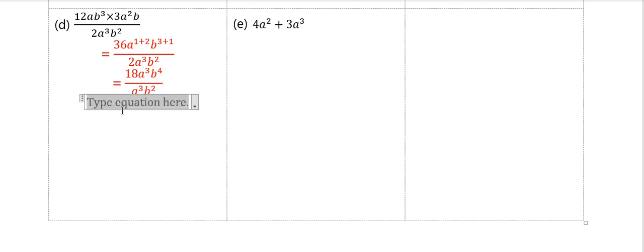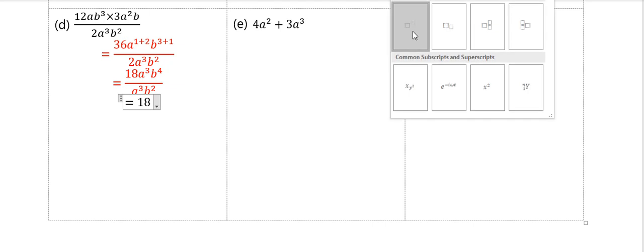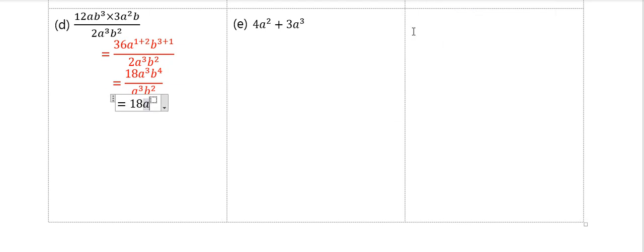So all you can do is look back through the rules. 18, no problem. What about here? The like terms are a cube divided by a cube, and then b power 4 divided by b power 2. So you can simplify them already. 18, and then a power 3 divided by a power 3.